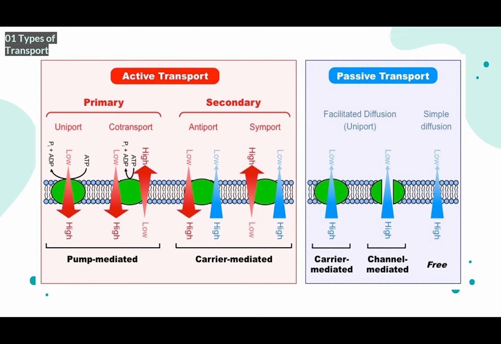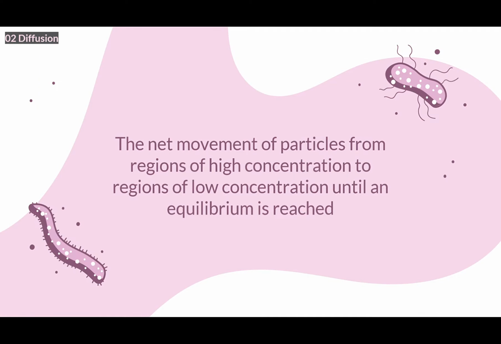Here we have the three different types of passive transport I'll be talking about in the following: facilitated diffusion for uniport and simple diffusion. When we talk about diffusion, we define it as the net movement of particles from regions of high concentration to regions of low concentration. It's a passive process and it takes place until an equilibrium is reached.